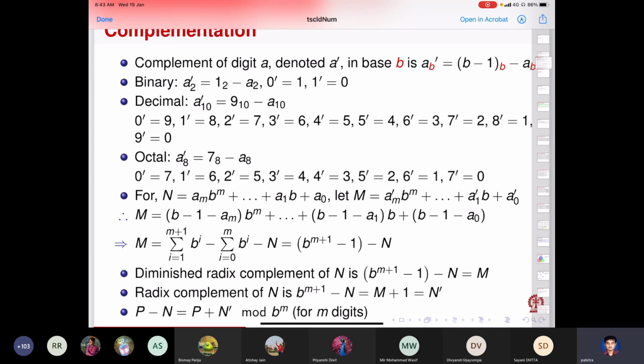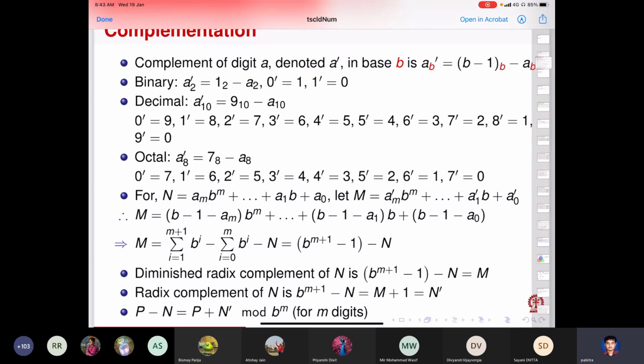If we add p plus n prime and the summation exceeds say 999, you just take the excess. We can only use n digits to represent the number. As long as p minus n is within the range of the highest number, no worries, you can directly take it.